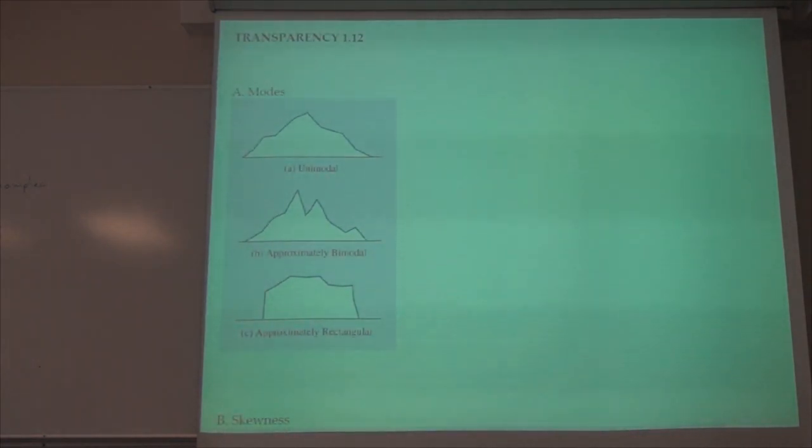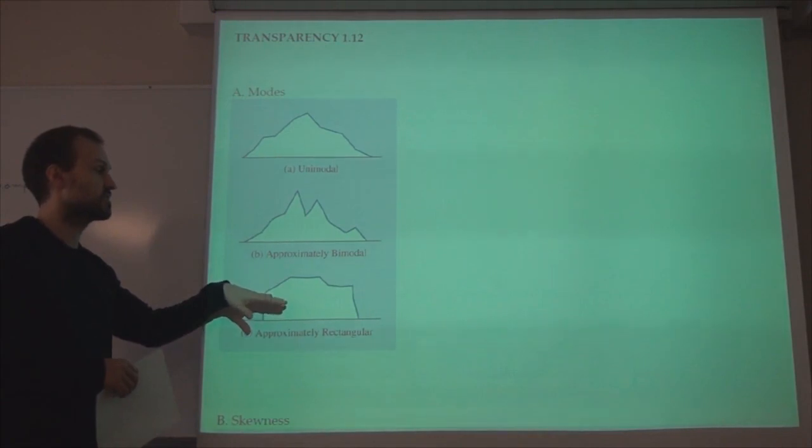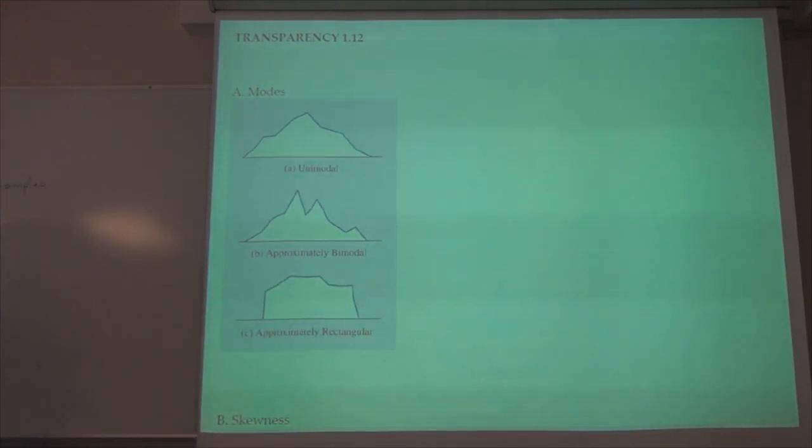Or I can have something that doesn't really have anything. Nothing really stands out, and it's fairly flat. It doesn't have to be perfect. So it's fairly flat. We call that rectangular or approximately rectangular.